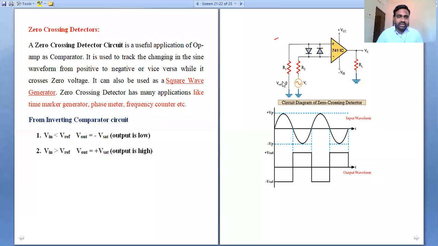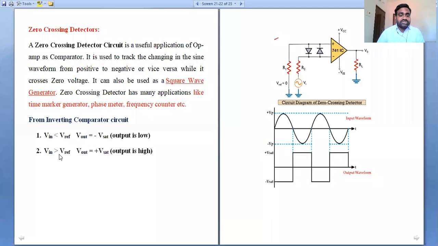Since this is an inverting comparator circuit, it has to follow two principles. If the input voltage is less than the reference voltage, the output voltage will be low, represented as minus Vsat.